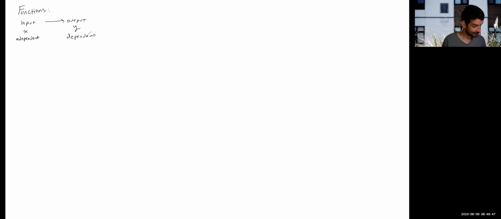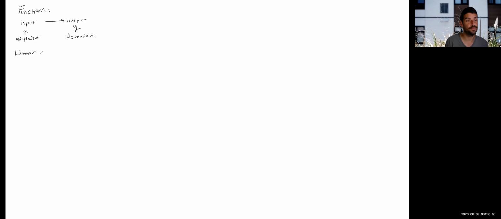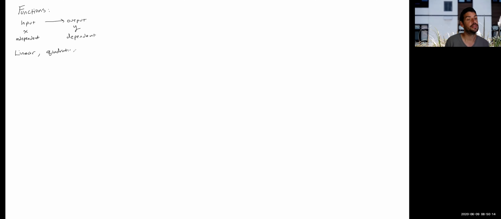There are lots and lots of ways for things to be related. In all those cases, I said one thing depends on another, and depending on what the input is, you get a different output. But exactly how they relate to each other comes in many different forms. We are going to talk about linear relationships. But there are plenty of others you may have heard of, things like a quadratic relationship, an exponential relationship, an inverse square relationship.